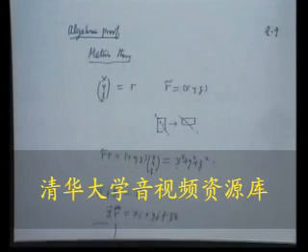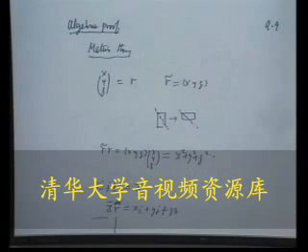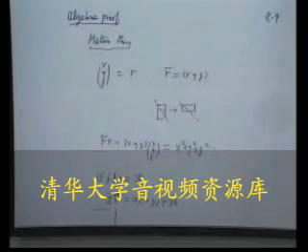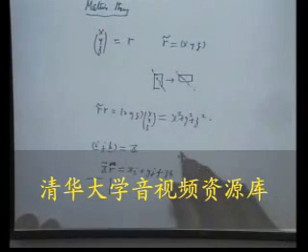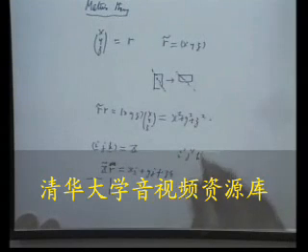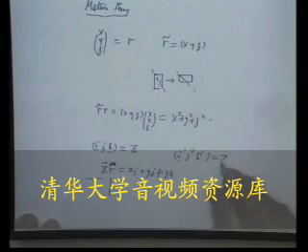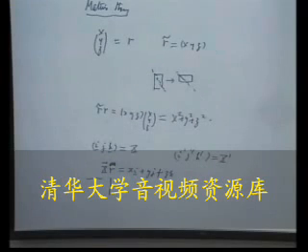Now let us consider a rotated coordinate system. Call that x prime. So I've originally i, j, k. I've rotated the coordinate system.